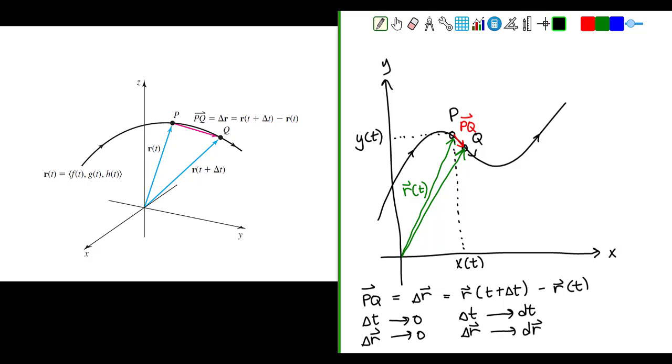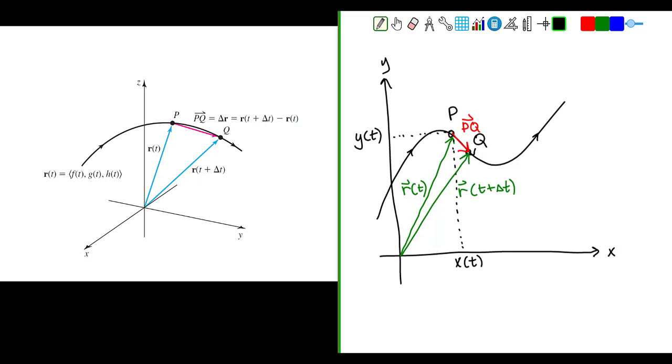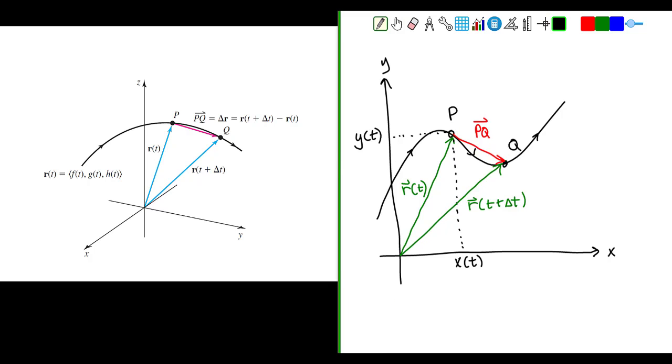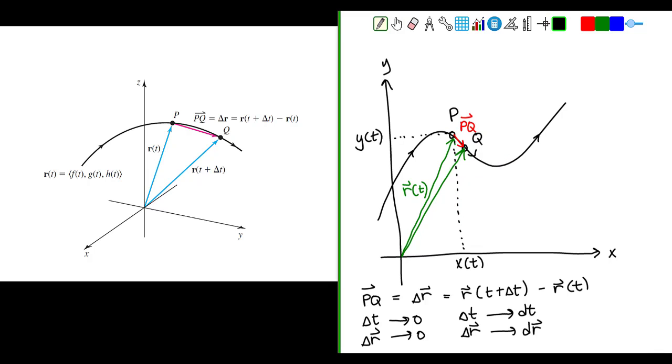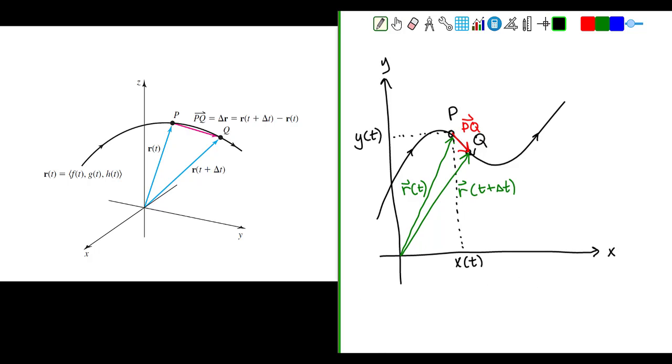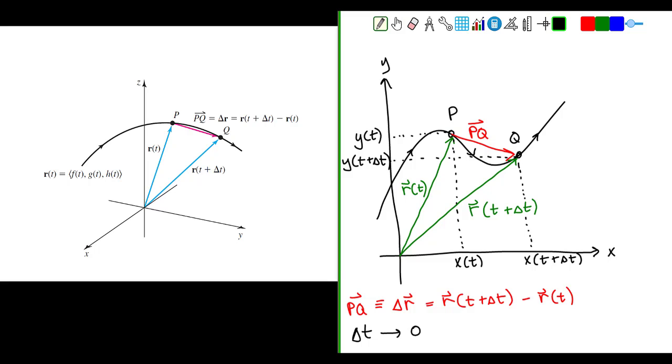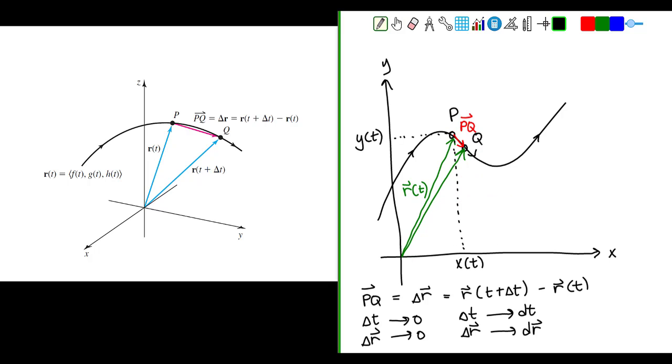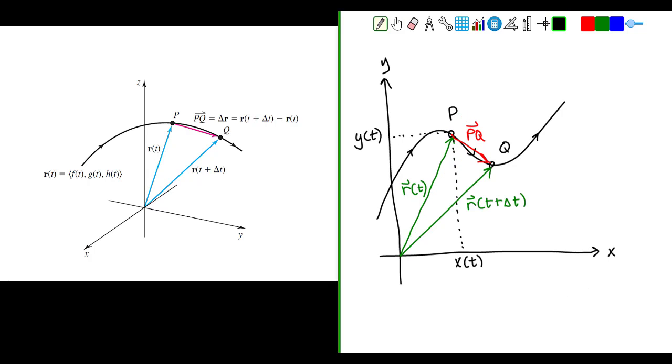Think about it like this: as we look back at this animation, notice how if delta t changes at a certain rate, this can be considered almost like a derivative, a rate of change as one point approaches or recedes away from another point.